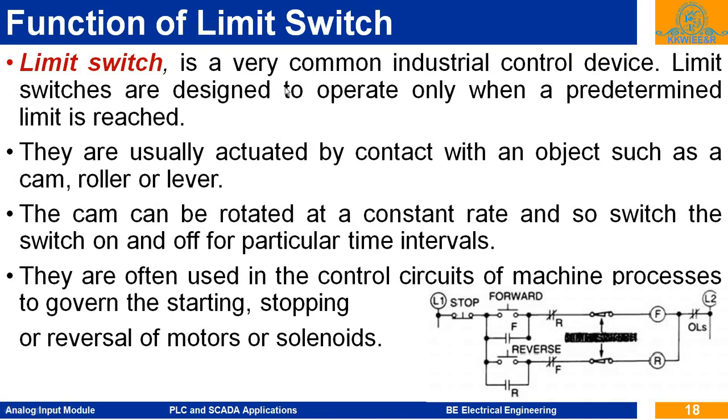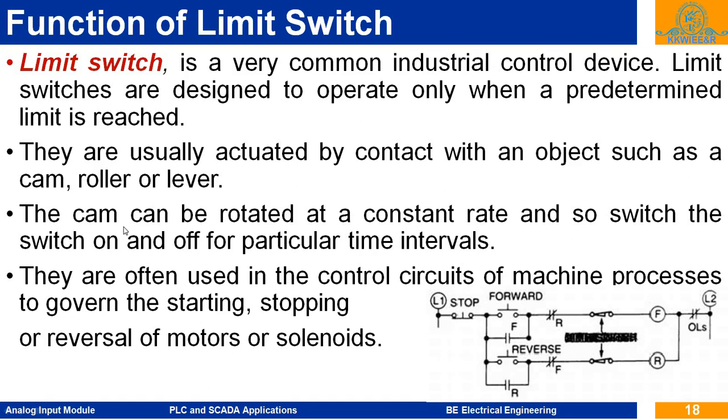So the limit switch is a very common industrial control device. Limit switches are designed to operate only when a predetermined limit is reached. They are usually actuated by contact with an object such as a cam, roller or lever. When the limit switch is operated by these devices, it changes its contact position.